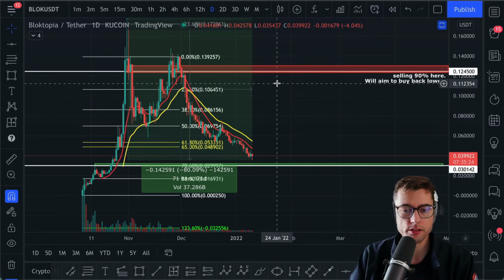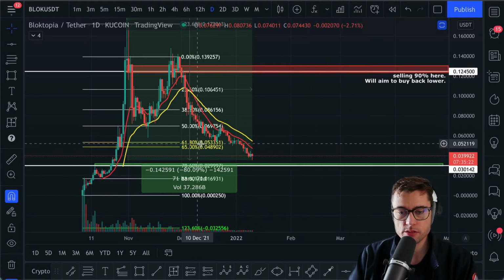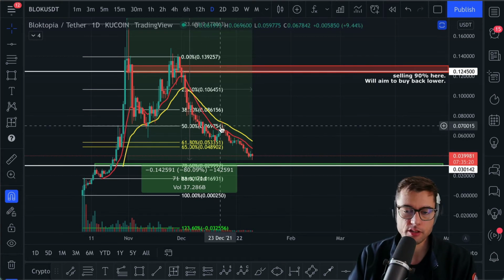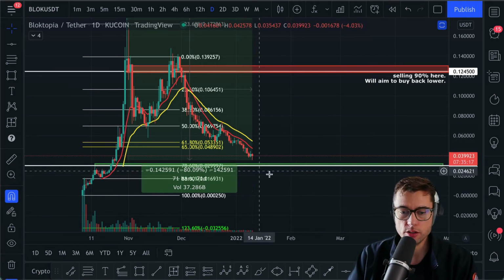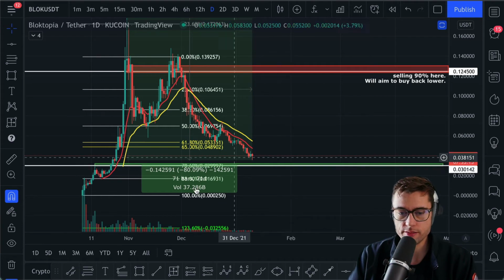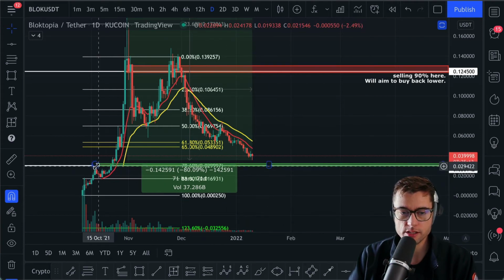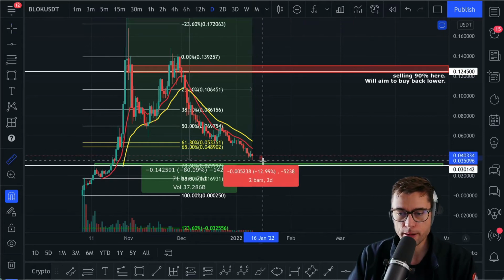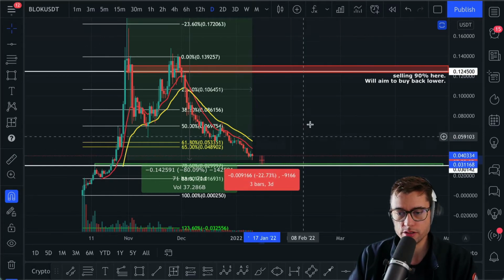I'm not sure if it's really going to get there. The good news though is that it did bounce off the 61.8, even though that was not sustained. So the next support is the 78.6, which is right here, which does have the confluence of this past resistance and support. But that's still 22% away.